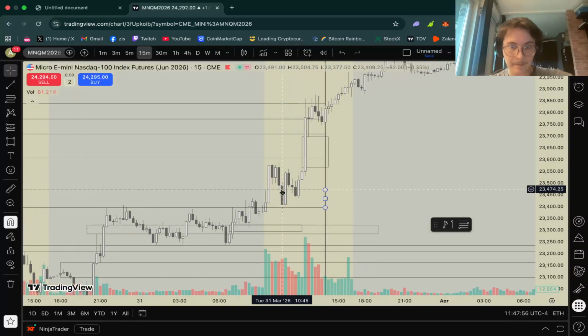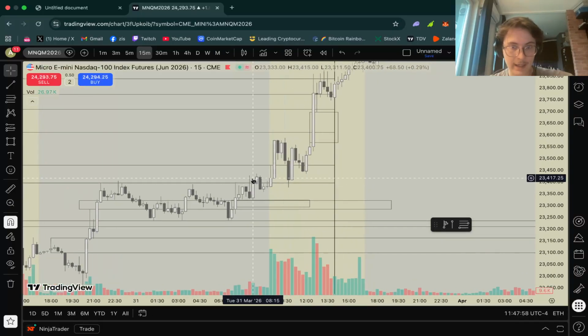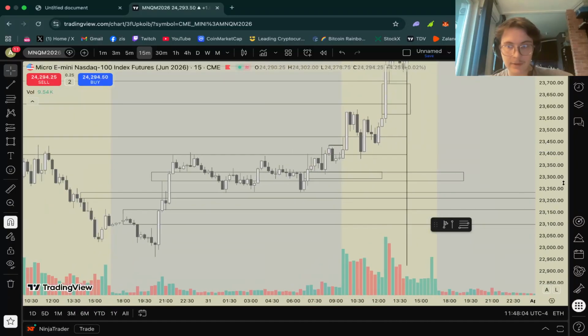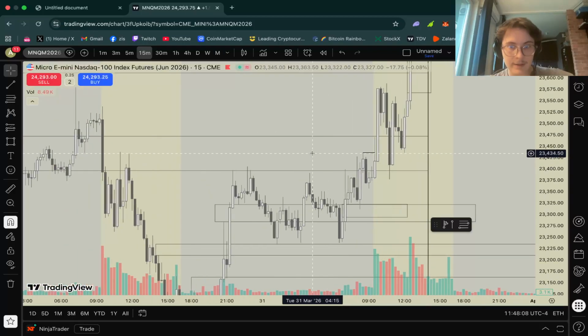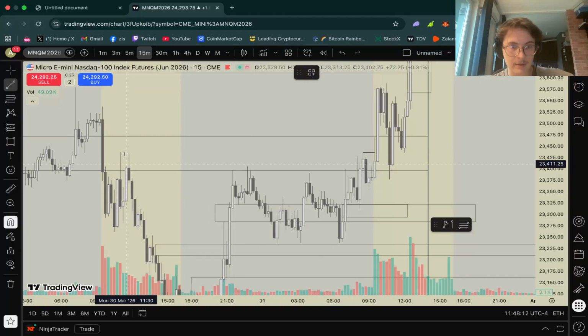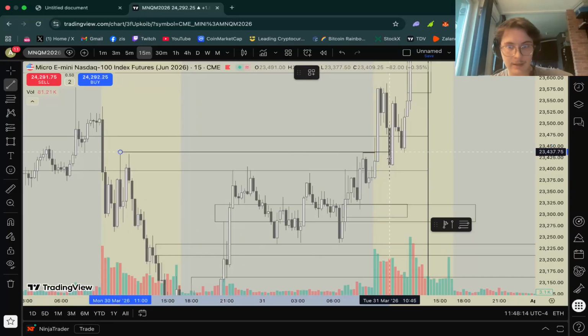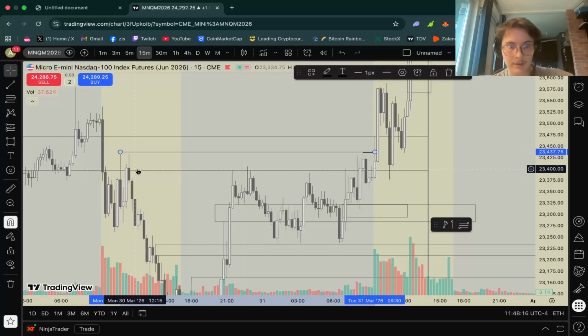Anyway, going to the 15-minute on Tuesday before the open, we had a high right here and a 15-minute intermediate high. This is also matching with these highs, not perfectly, but you get the idea.